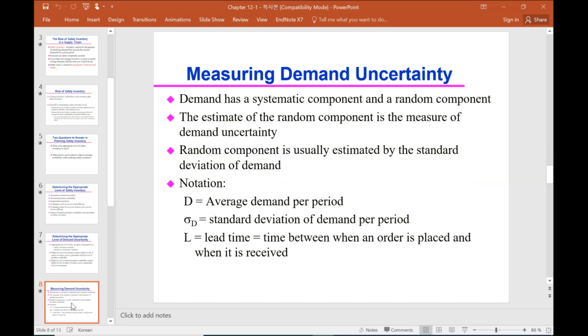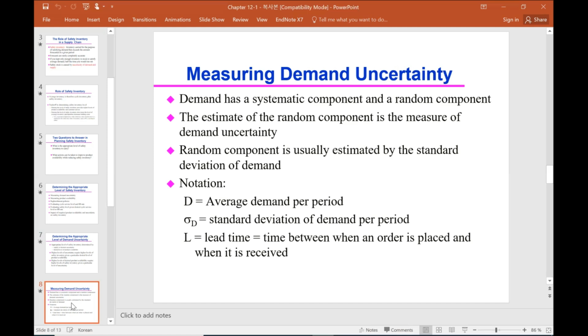But on the other hand, when we talk about safety stock, we allow uncertainty. So here we are not able to specify the demand as a fixed number. We are only able to describe demand in terms of average and standard deviation, because demand is uncertain. You should understand the difference between fixed demand and average demand.